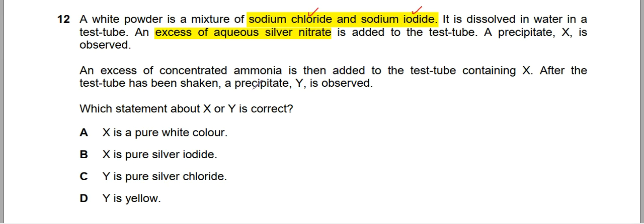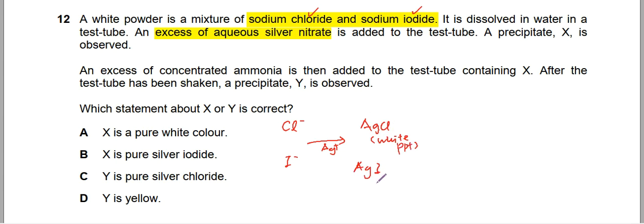So when we have chloride and iodide added with silver nitrate, we are going to get silver chloride and silver iodide. Silver chloride is a white precipitate.